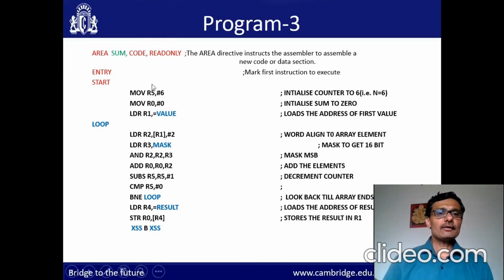In our program, we have to add an array of 16-bit numbers. That array has 6 numbers, so we have to initialize a counter. Here, R5 acts as a counter, so 6 is copied into R5, because n is equal to 6.